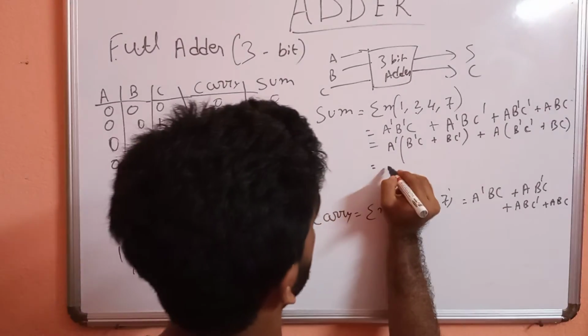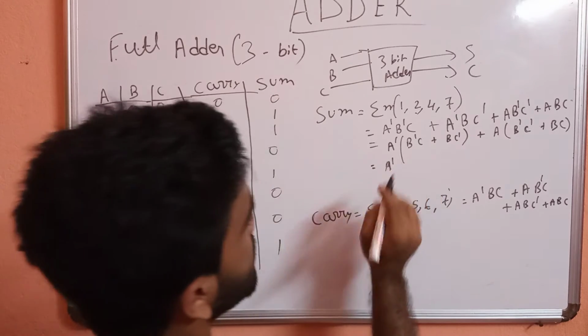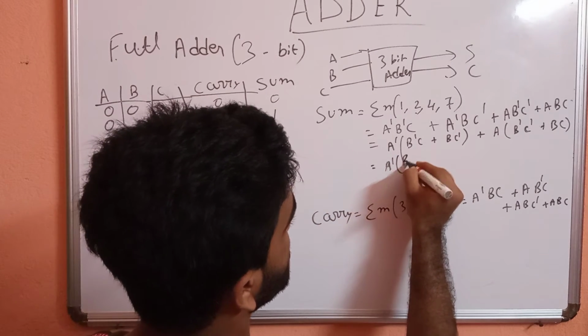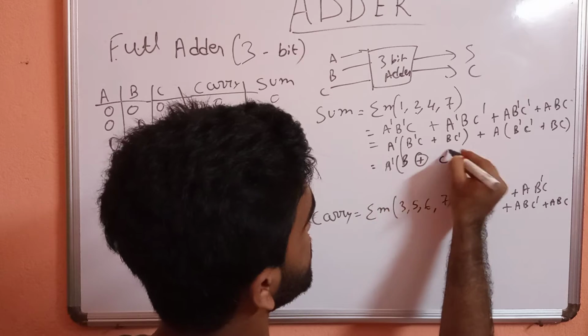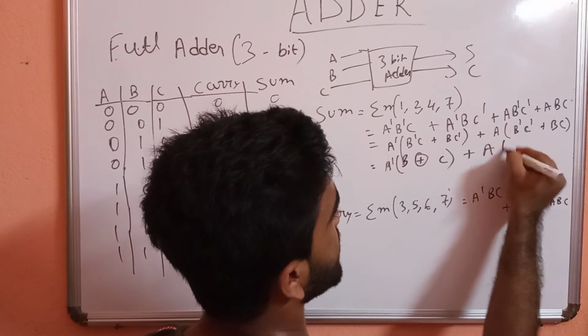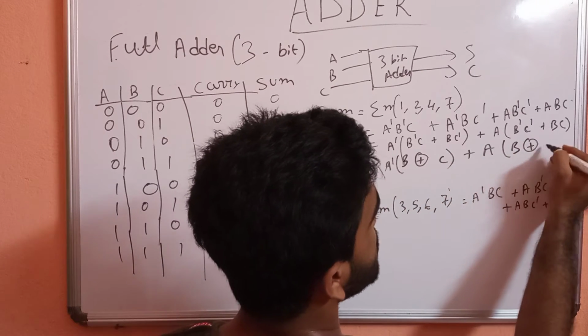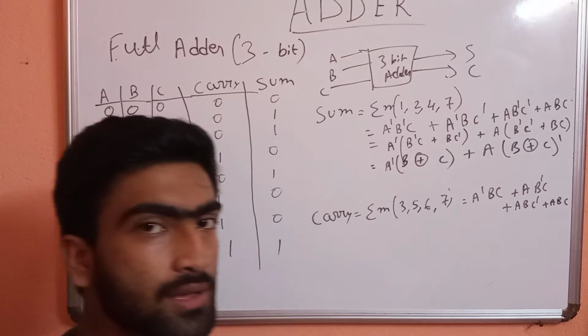I will show you. A complement, bracket B XOR C, plus A, B XOR C whole complement.